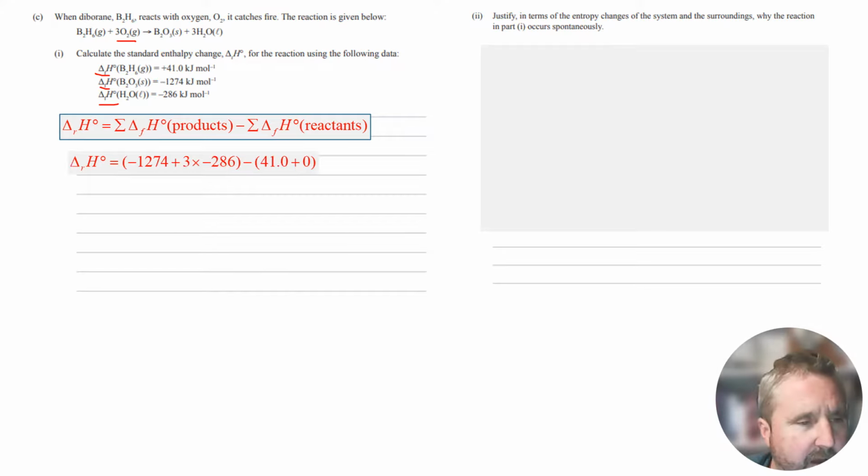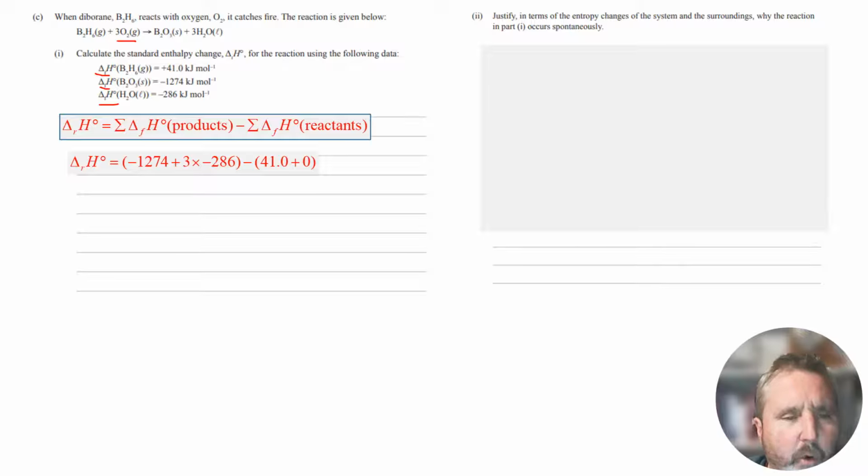So when I fill this out, delta rH equals the value of the products first. The first product is boron oxide, not diborane, so the value is negative 1,274. And then we have 3 waters, so plus 3 times negative 286.